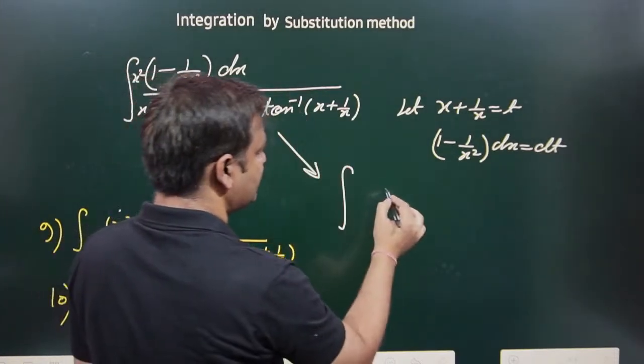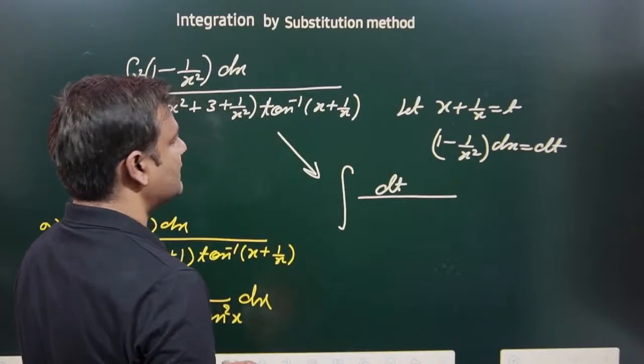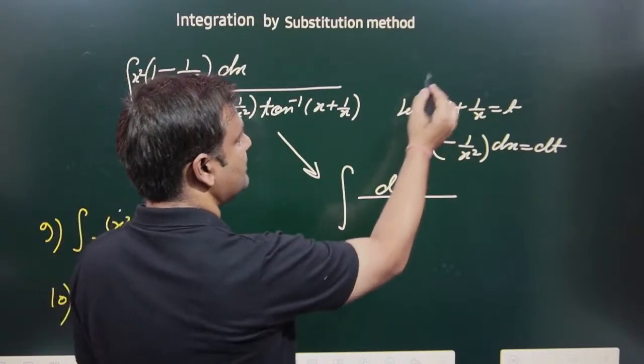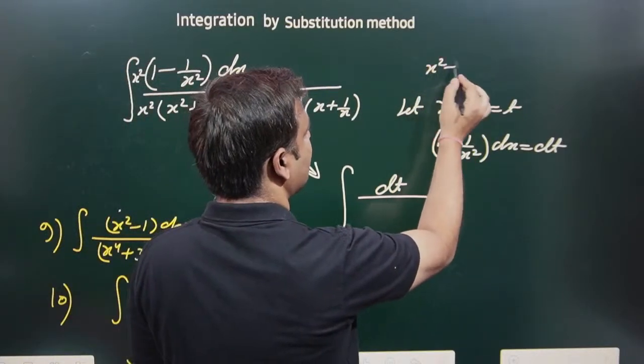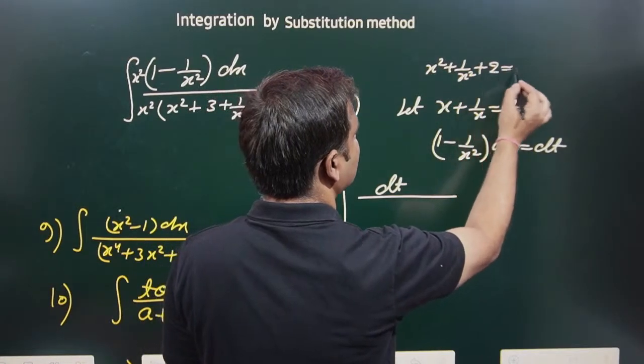So this is written as dt divided by how much? Squaring both sides, we get x square plus 1 by x square plus 2 equal to t square.